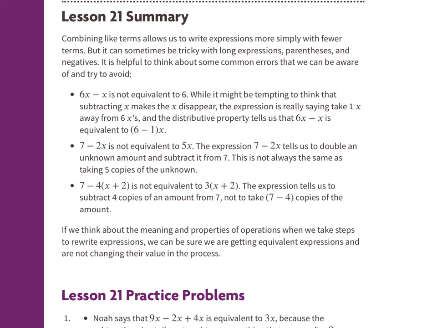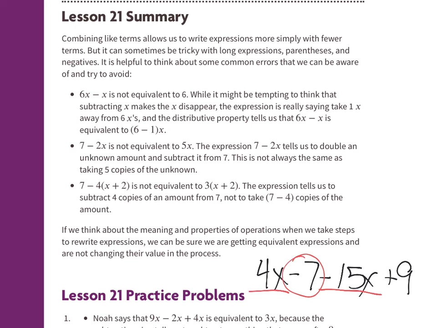So number 1 on our assignment is actually not in the book. So number 1 on Canvas is going to be 4x minus 7 minus 15x plus 9. So you're just going to combine like terms. So 4x minus 15x minus 7 plus 9. Okay?